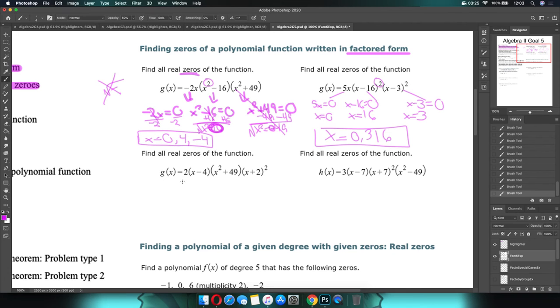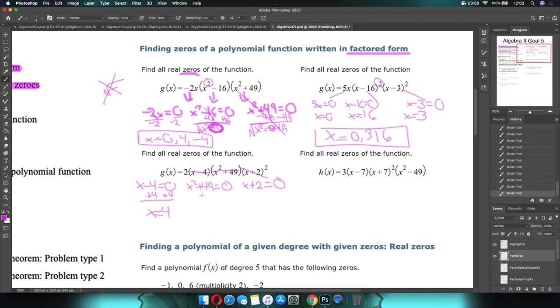Next up, where are my x's and how do I set them to 0? So x minus 4 equals 0. Then we have x squared plus 49 equals 0, and then x plus 2 equals 0. Is that all of them? That one doesn't have an x. Yep, we're good. So plus 4, x equals 4.